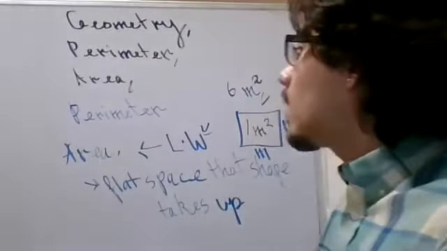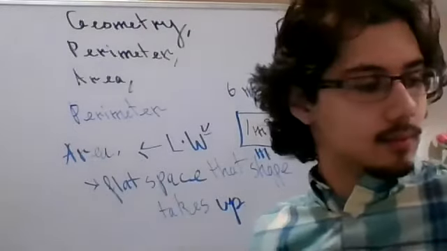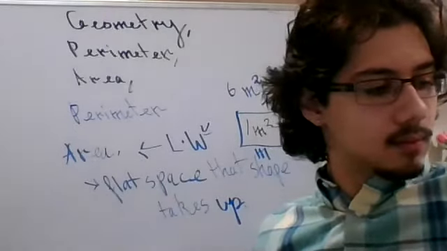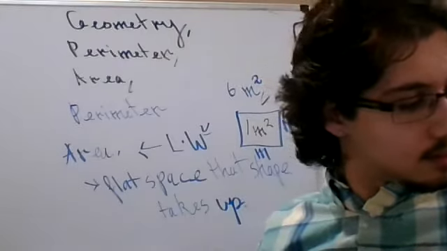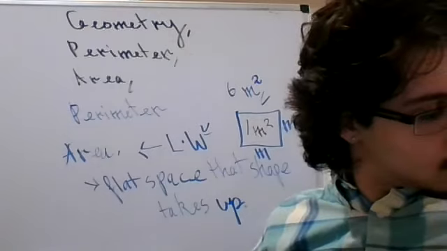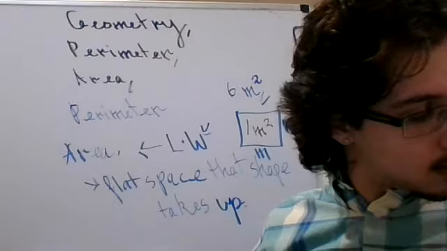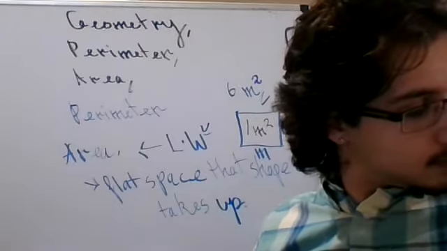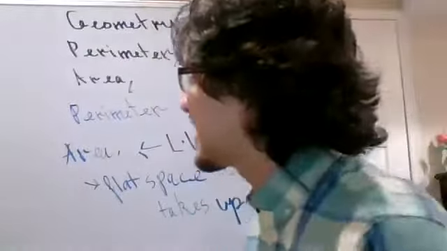Does anybody know what perimeter is? Perimeter is length plus width times 2. Perimeter is distance around an object. Both of those are technically true in a sense.